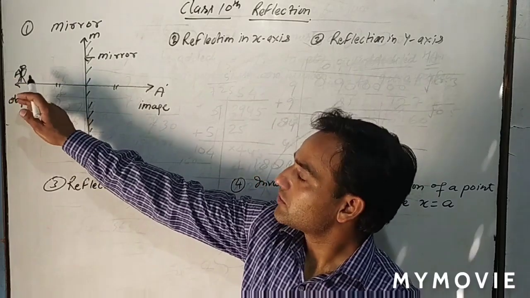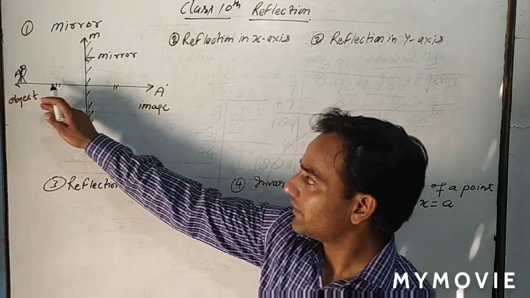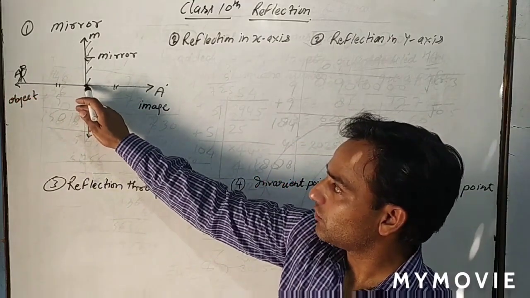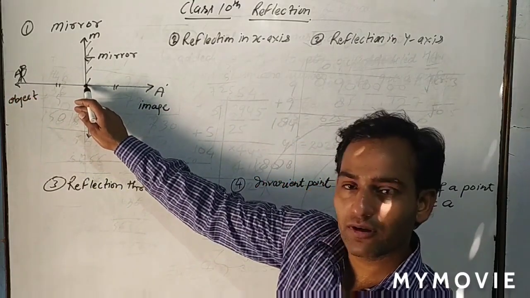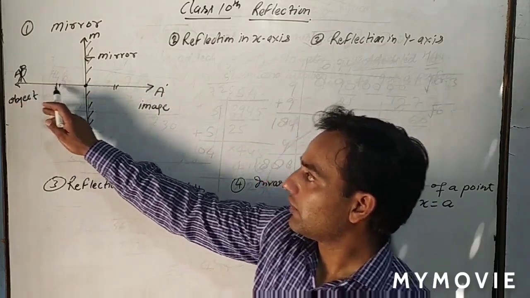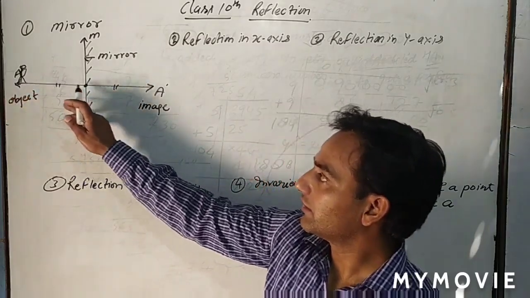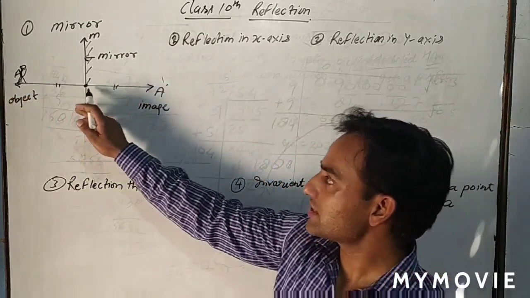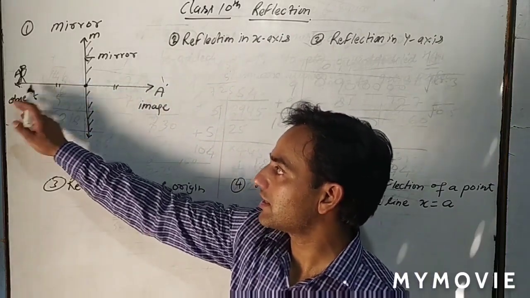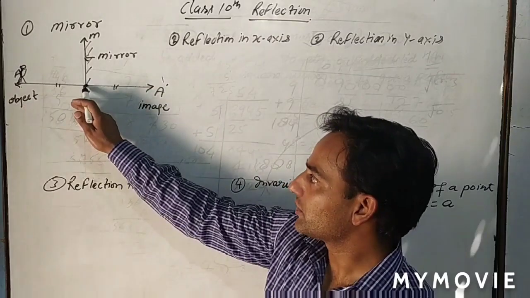Okay. So if we are here at point A, and this we can say as the origin, we will get our image at a distance equal to the distance on this side. We are standing here. The image will be formed on this side, at just equal distance from this origin.